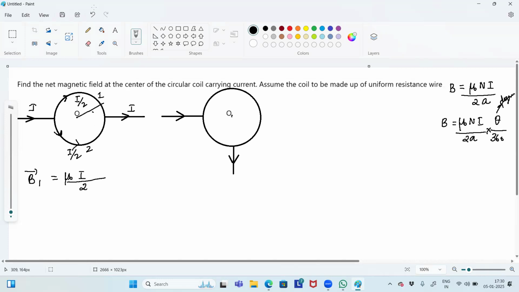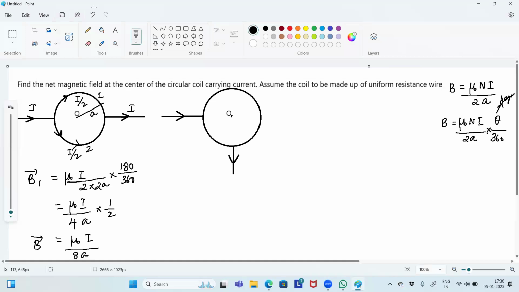Assume the radius as a, so 2 times a, equals mu0 I by 4a. But this is a half circle, so you have to take theta by 360. Theta for a half circle is 180, 180 by 360. Again, one more 1 by 2 will come. So it will finally be mu0 I by 8a.